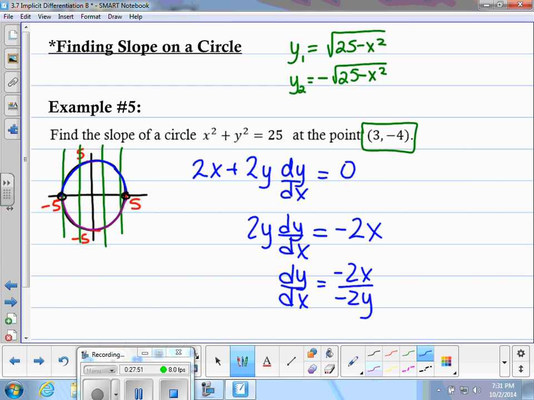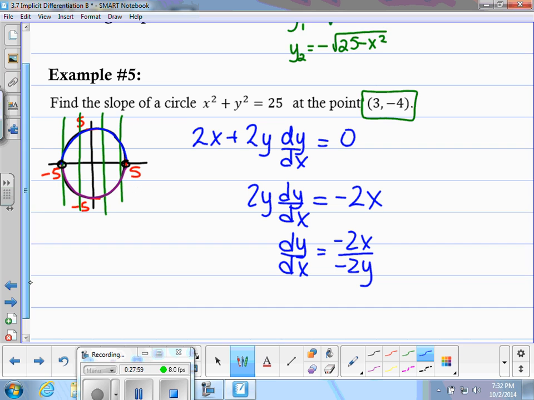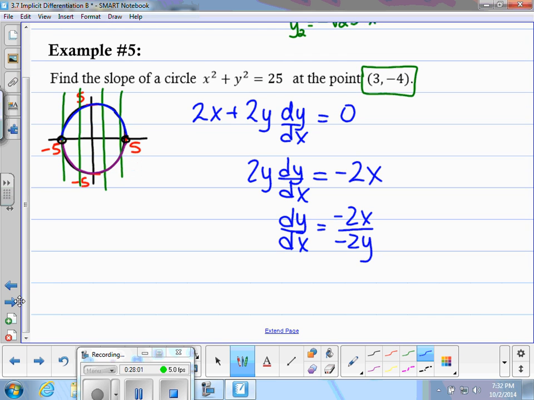Guys, I'm doing a lot of steps that I know most of you don't have to do, right? Like you would have probably automatically just gotten rid of the negative 2's. But I'm just trying not to skip over stuff. So, like I said, these two cancel out. And dy dx is just equal to x over y.